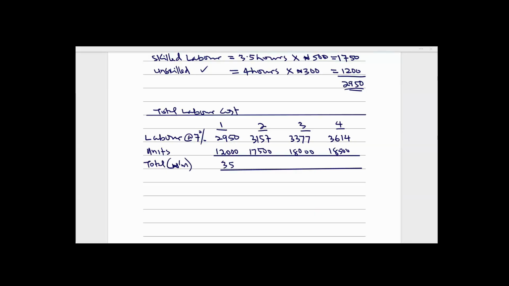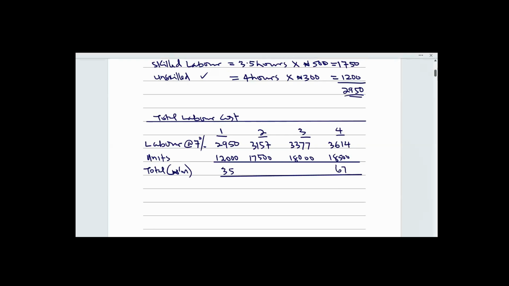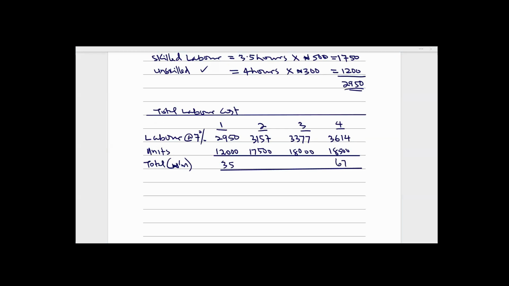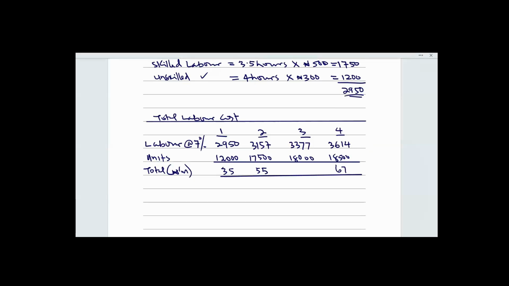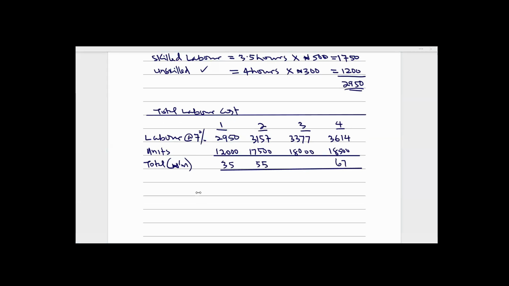So what do we have? Here is 67. Year 2 will be equal to 55,248. Round your number. That is 55. Year 3 is 60.